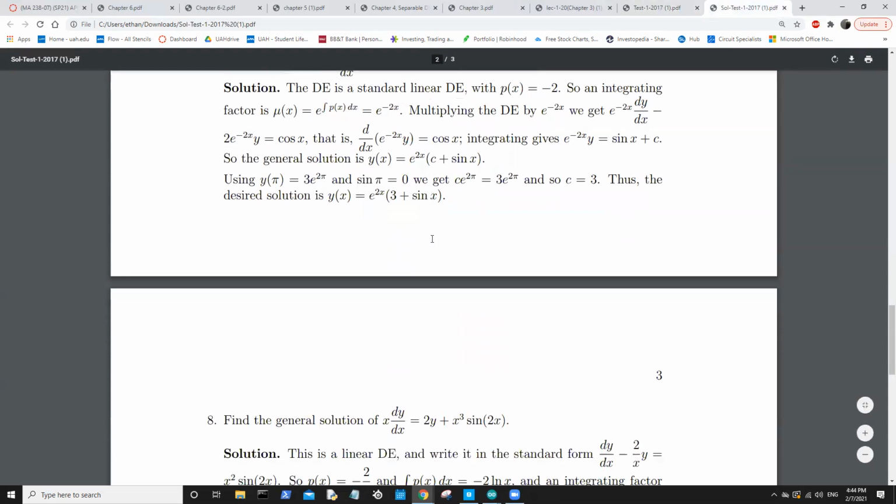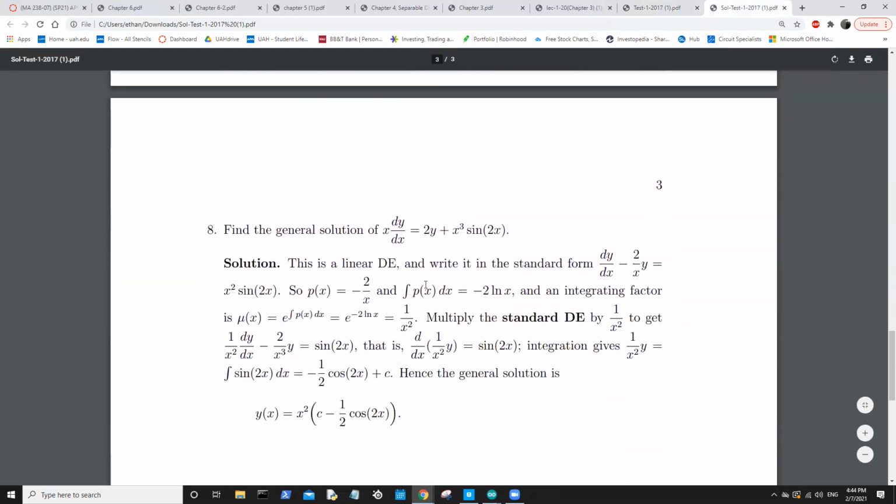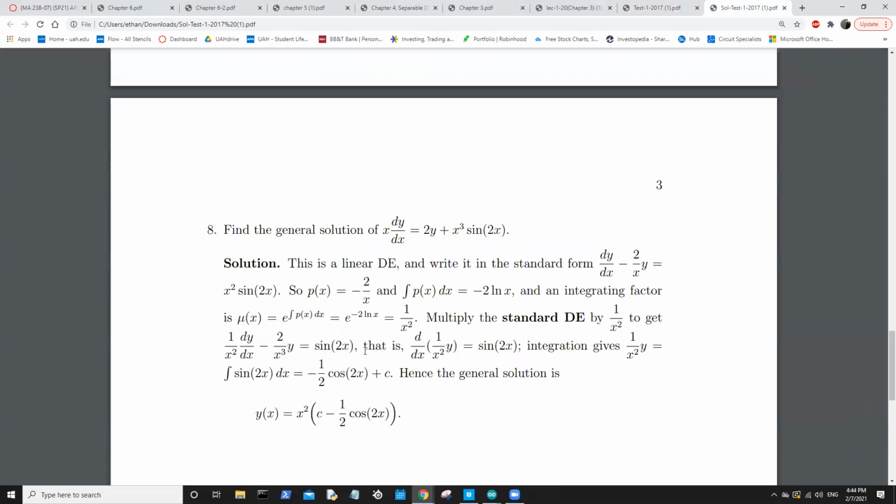Let's peek at this. Oh, yeah, mismatched my parentheses there. It is y is equal to x squared times the quantity c minus 1 over 2 cosine 2x. There we go. That's better. That's why I hate constants, because they suck.